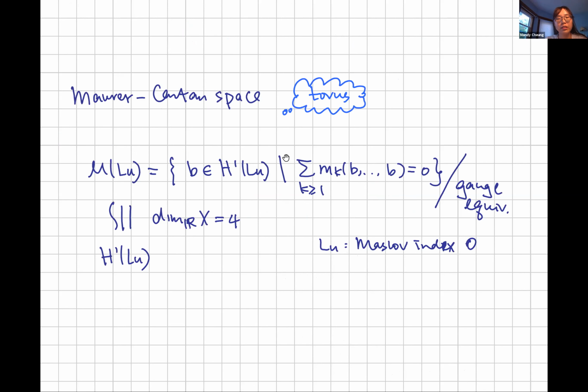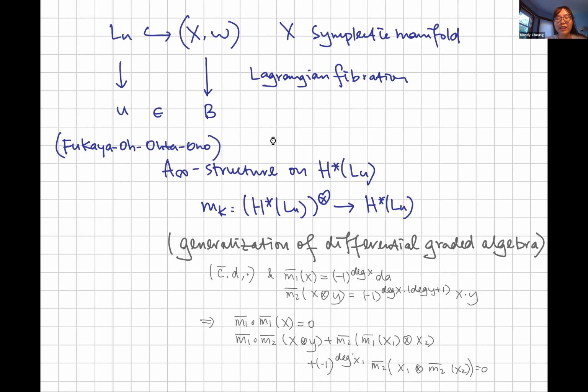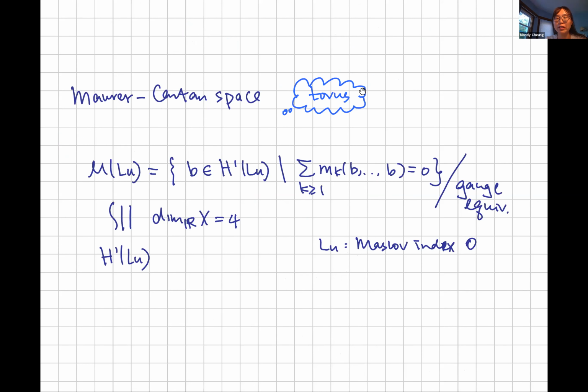The next thing in the symplectic world is something called the Maurer-Cartan space. You can see I have all those little bubbles, which is what I'm thinking in my mind when I'm telling you all this notation, which are the solutions of the Maurer-Cartan equation. But you can also see we have those m_k, those are the solutions there.